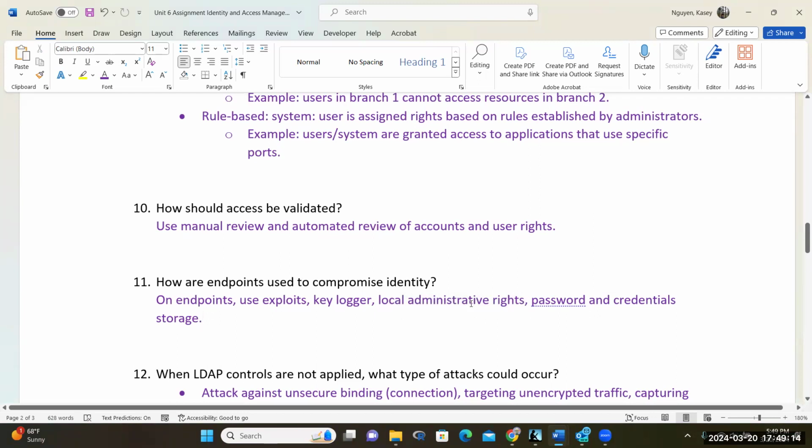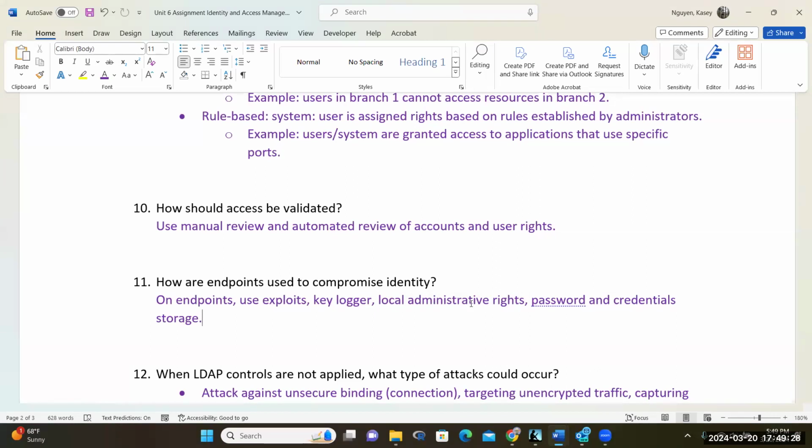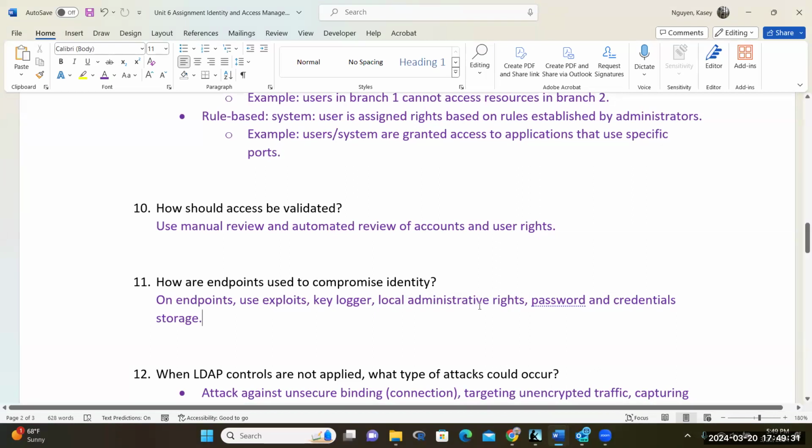You might be a user on the domain, but an administrator on the computer. Have you seen that? Sure. Where I can install a bunch of things on the local system, but I cannot access certain things on the network at a higher level. I could not configure a server, but I might still be able to install things on the computer. So you have to check that, and then your credential and password storage.